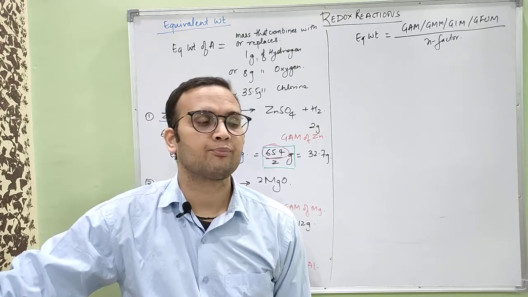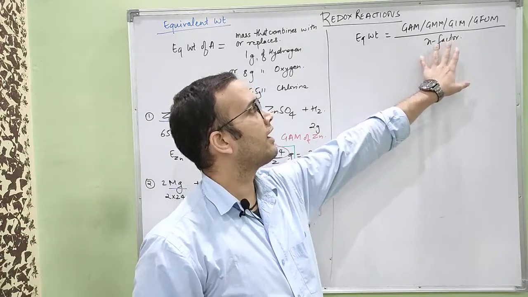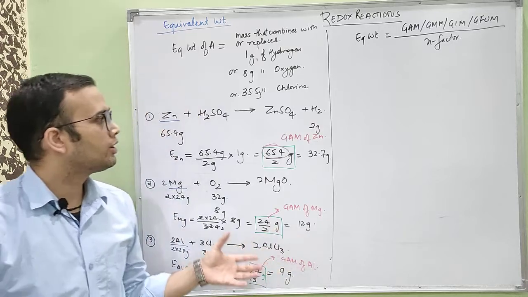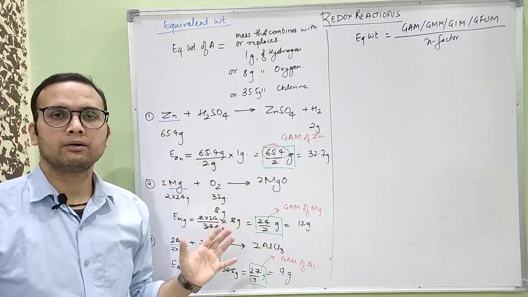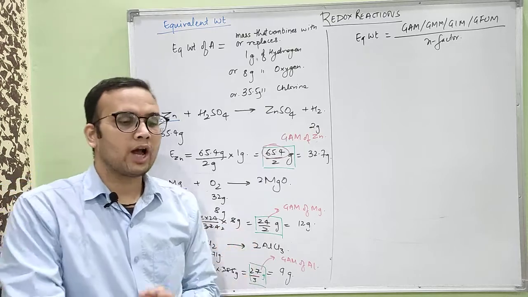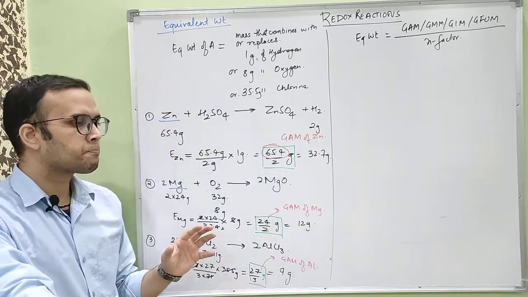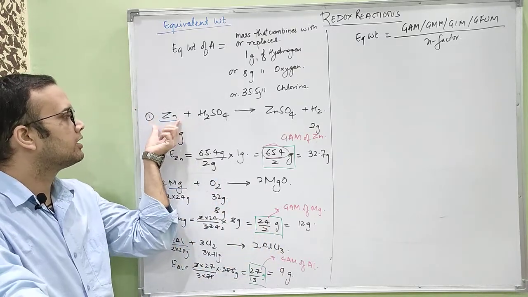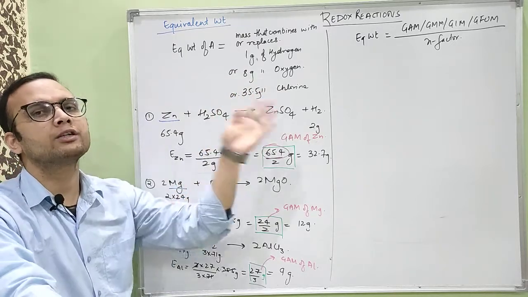That's one thing. Another thing is, I had already told you n factor is something which is variable. It will depend on the reaction in which it is appearing. So n factor is not always fixed. It can be different for Zn in a different circumstance. It can be different for Mg in a different circumstance.